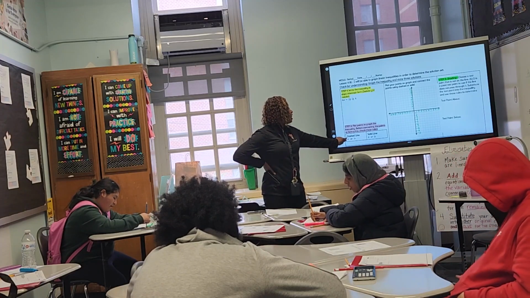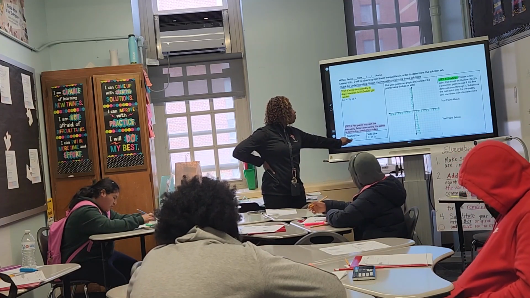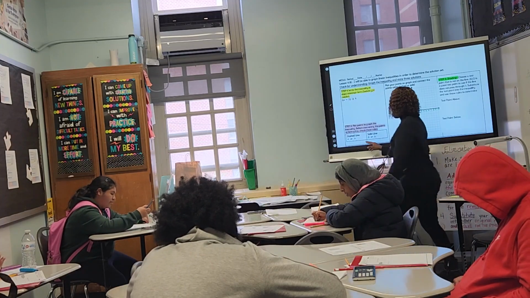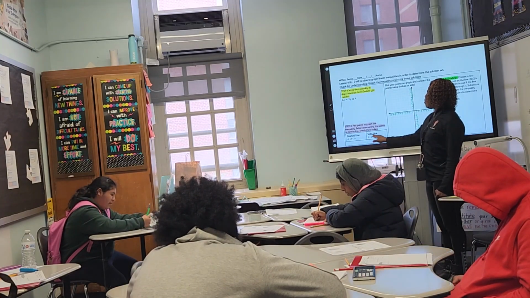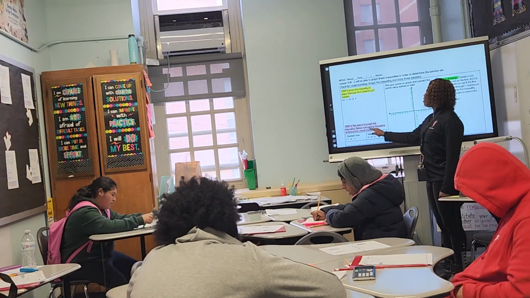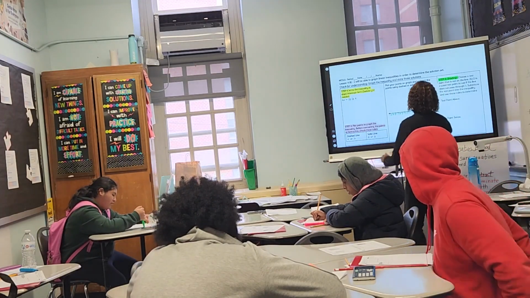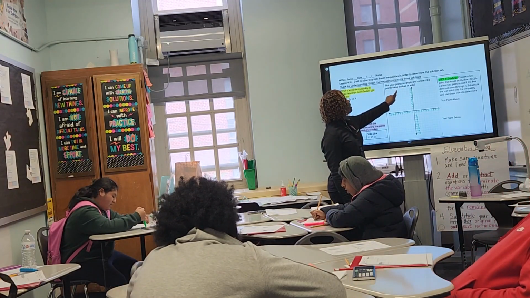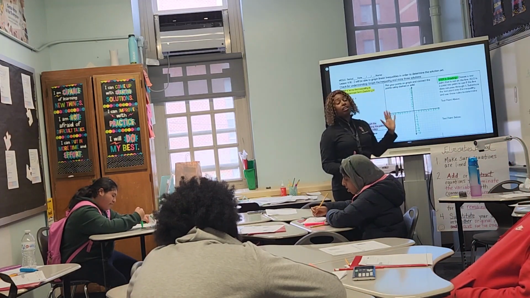Very good. If you have a less than or greater than symbol, you're going to use a dashed line for your boundary line. If you have a less than or equal to or a greater than or equal to symbol, you're going to use a solid line. Then you will plot your points on the graph and connect the points using the dashed or solid line.